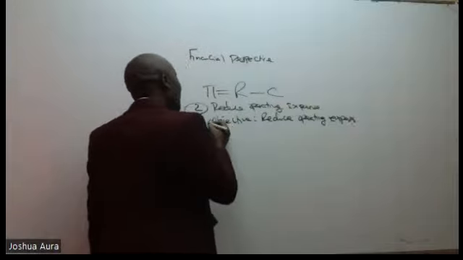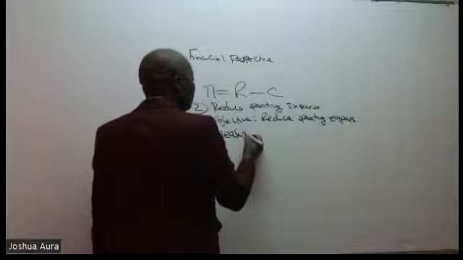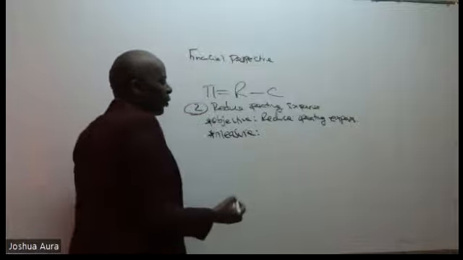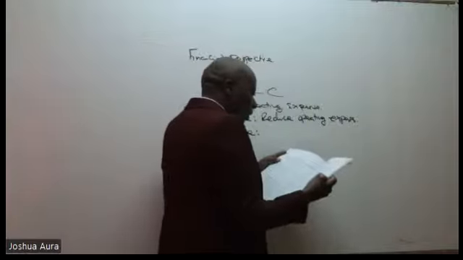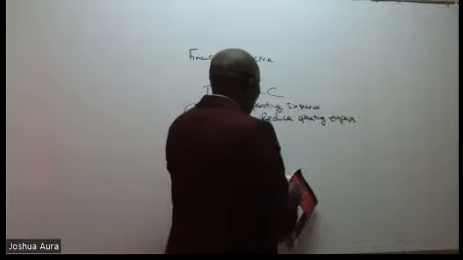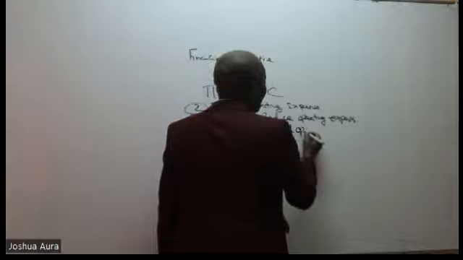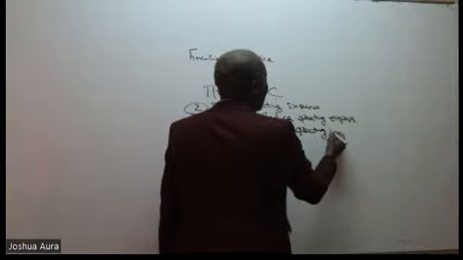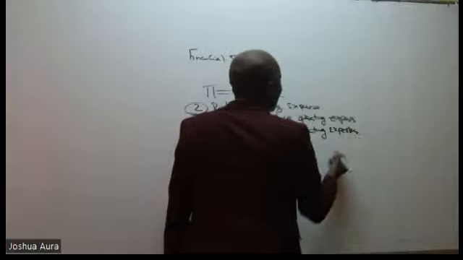And how shall we measure this? Using the one that has been given in the question. It's called operating expenses in billions. So annual operating expenses.